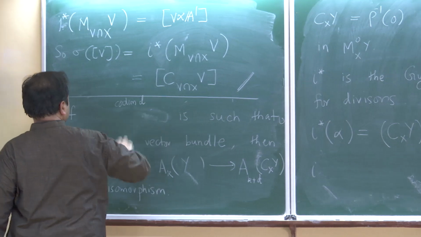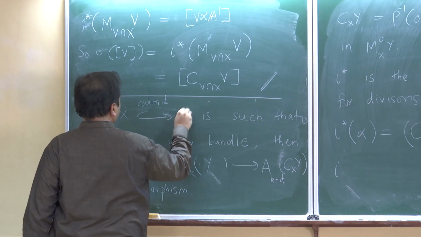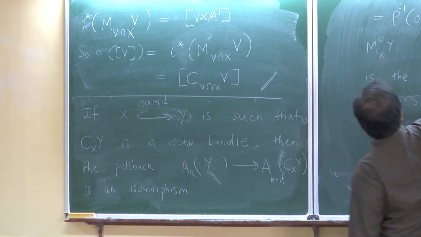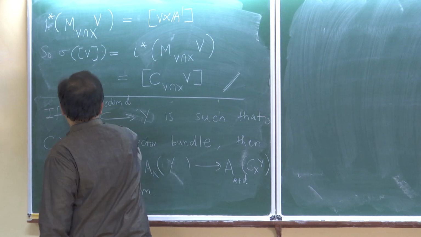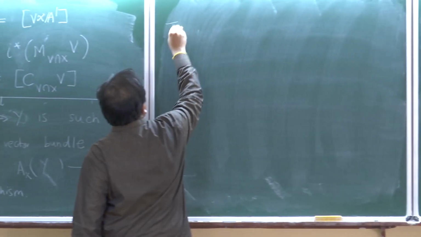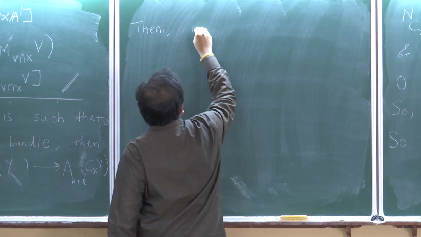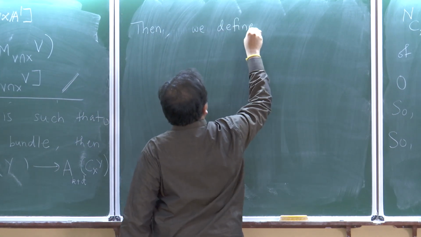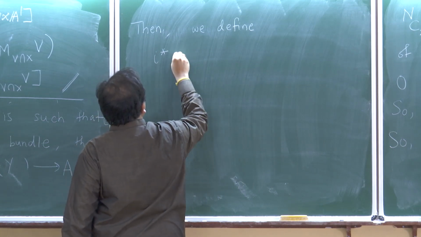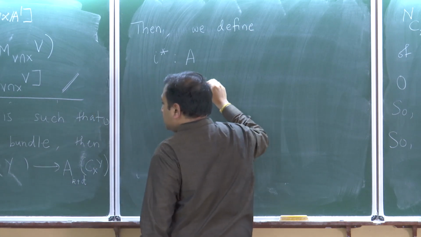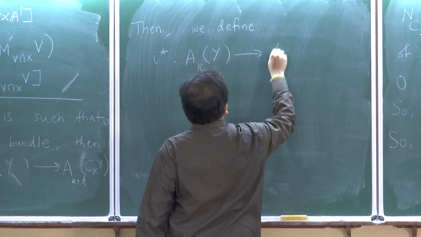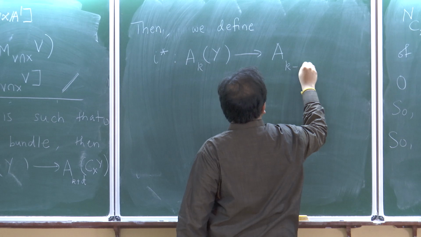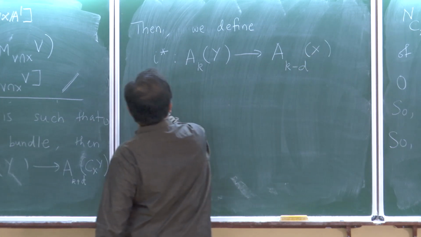Then we define i star from A_k(Y) to A_{k-d}(X) to be the composition.